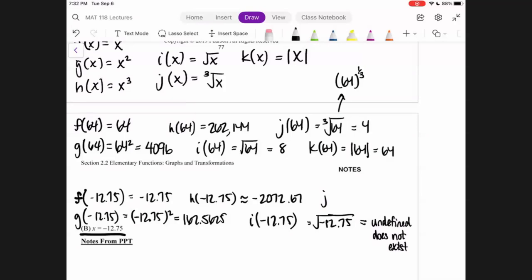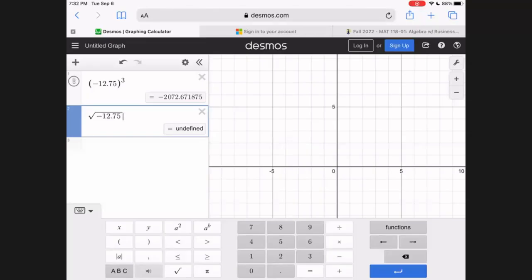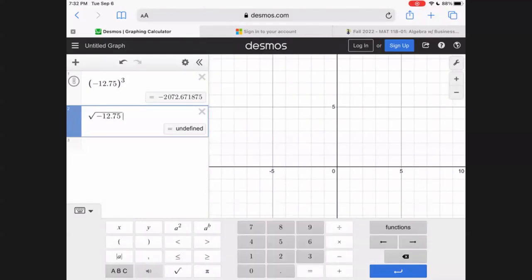But fortunately, if you want to do the cube root, remember a cube root typically has no restriction. You can plug anything in. So let's look at Desmos for that. You'll notice here that there is no cube root, even if I look at any of these other pages. So you need to rewrite it. Remember, the cube root is the 1/3 power. So parentheses, negative 12.75, close parentheses.